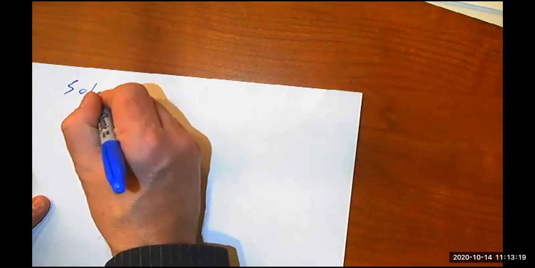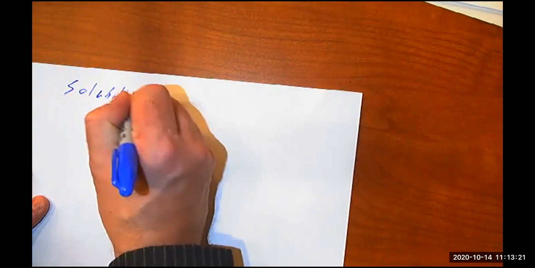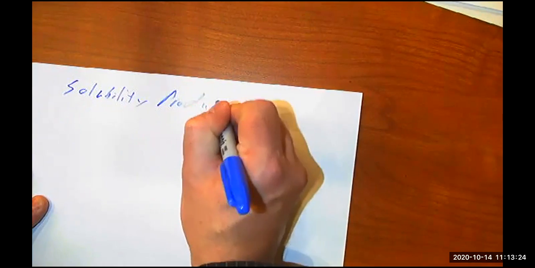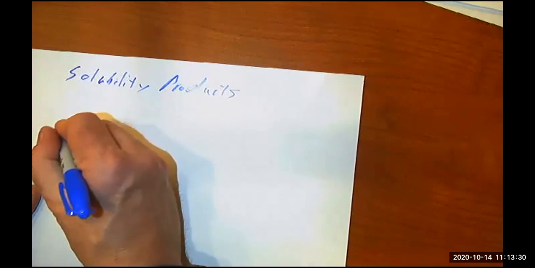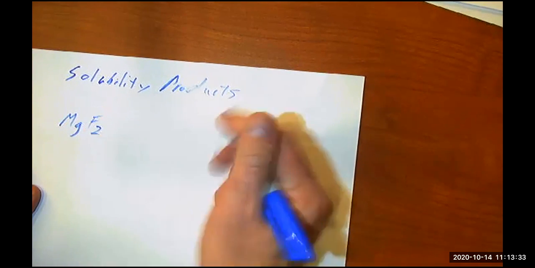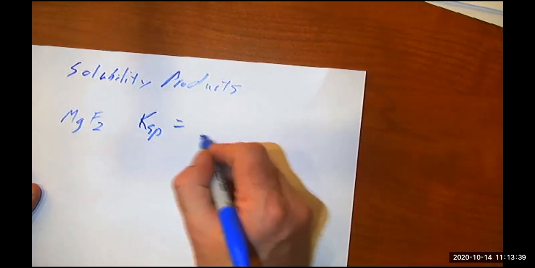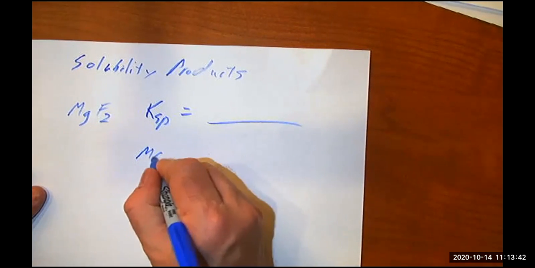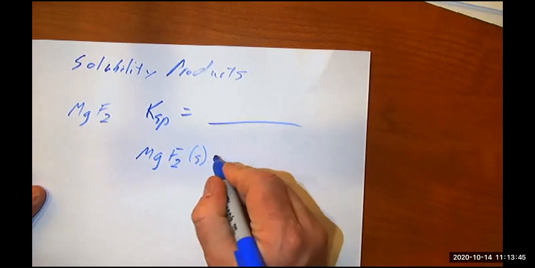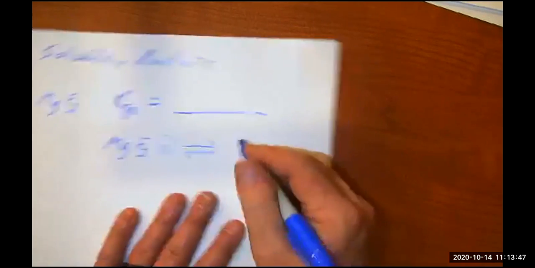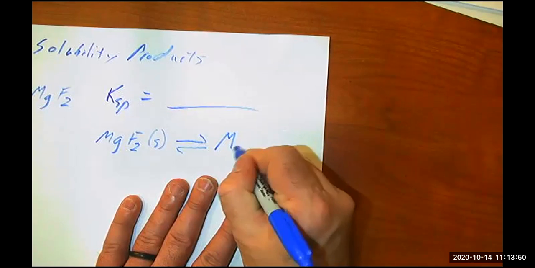So, one thing you could do very easily is look up solubility products for ionic compounds, and you'll be able to look up that magnesium fluoride has a solubility product of some number, and I don't know what that number is, but you write out that number, and then you take MgF2 solid, and you practice writing what the dissolution reaction would be.